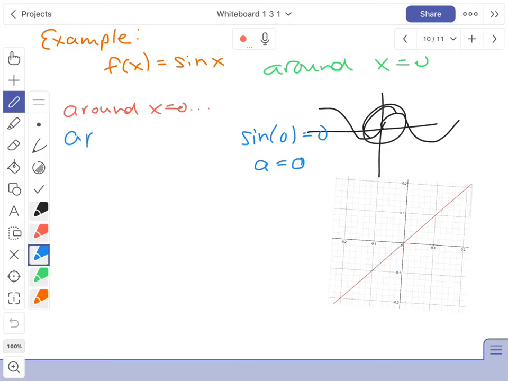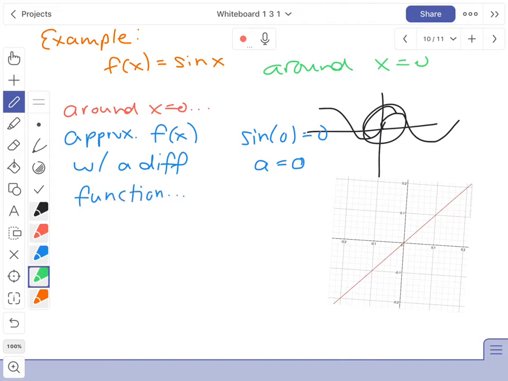So I could approximate f of x with a different function, which is usually easier to work with, and it's usually a line. So what we do to find our new f of x, I'm just going to put it in green, is take the original value of something we know, and add our little change, the rate of change around it. And in this case, we're going to substitute a and all these values here.